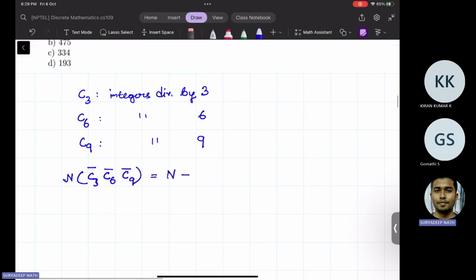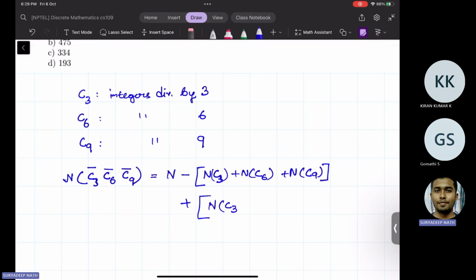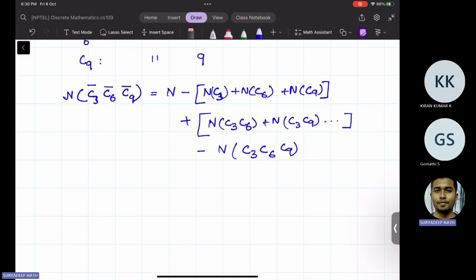So n minus nC3, nC6, nC9, plus we'll do it for the two cases, that is, divisible by both 3 and 6, nC3C6, nC3C9 and so on, and finally minus the count divisible by all of them, nC3C6C9. This is just a numerical example.